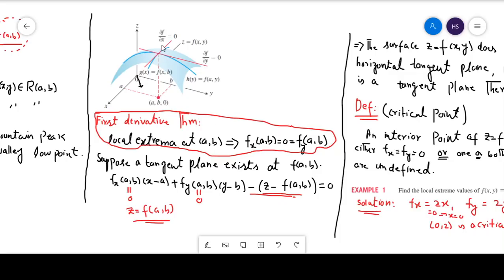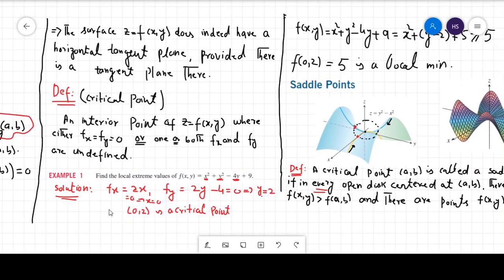If there is a horizontal tangent plane, then that will be a critical point, and at a critical point there will always be a local extrema. This is exactly what we have seen here.